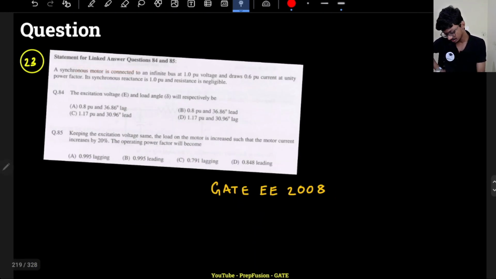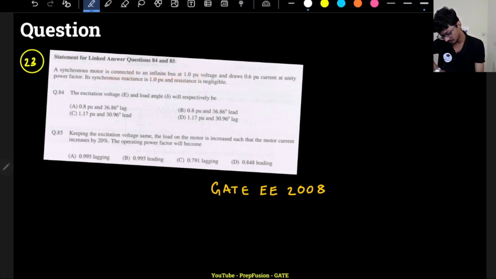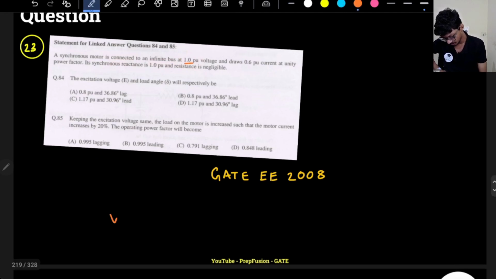Statement link question. A synchronous motor is connected to an infinite bus at 1.0 pu. So Vt is 1.0. Now they are discussing per unit values.